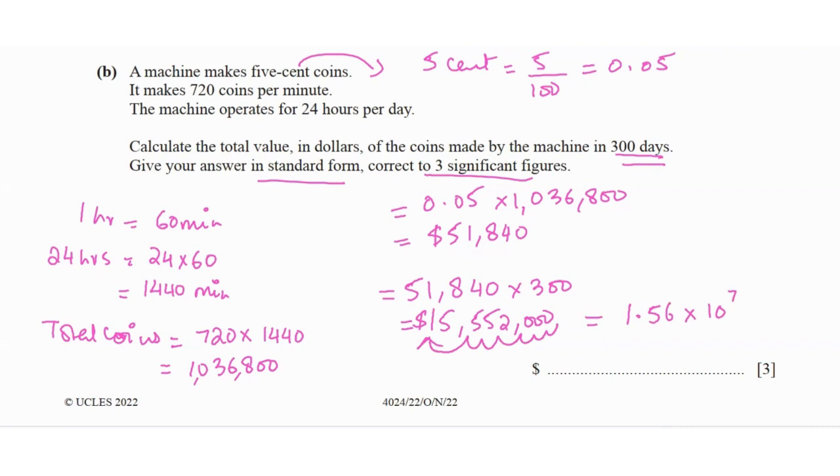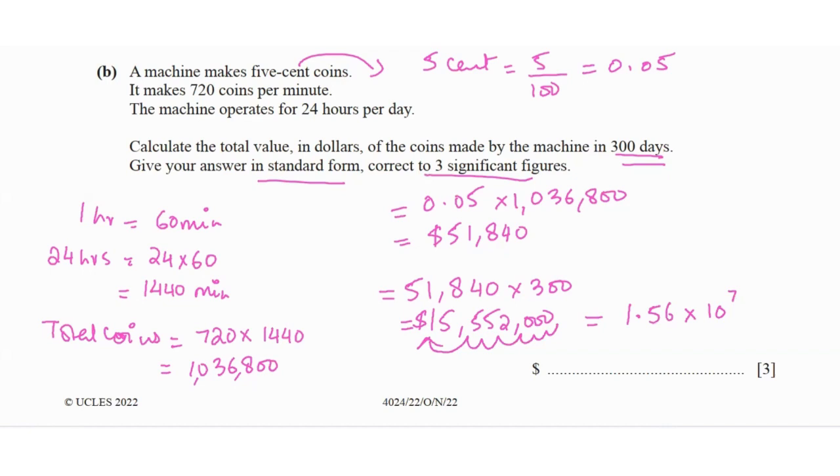So to summarize it all, we started off with writing what the value of 1 hour is in minutes, which is 1 hour equals 60 minutes. Then we converted 24 hours into minutes, which is 24 times 60. After that, we found the total number of coins made in 24 hours. After that, we found the value of those coins because each coin is 5 cents, so in dollars, that's $0.05.